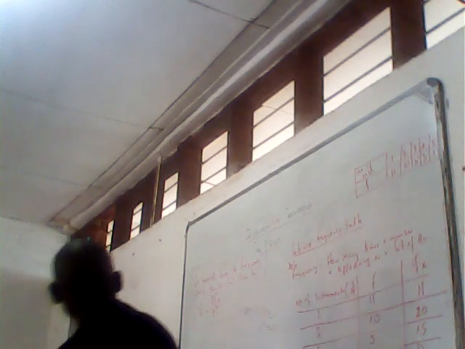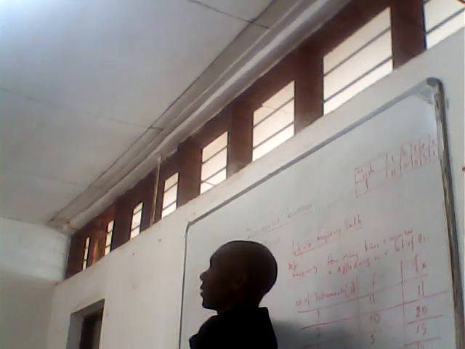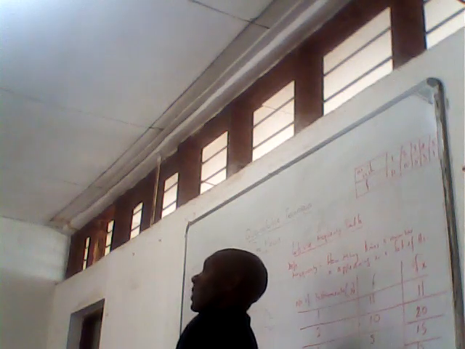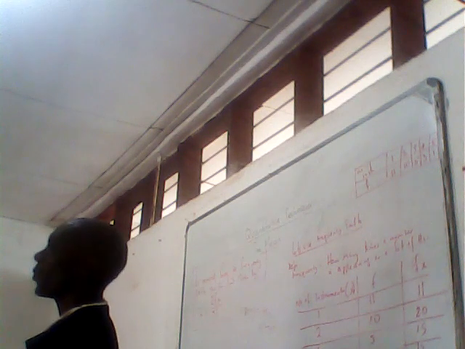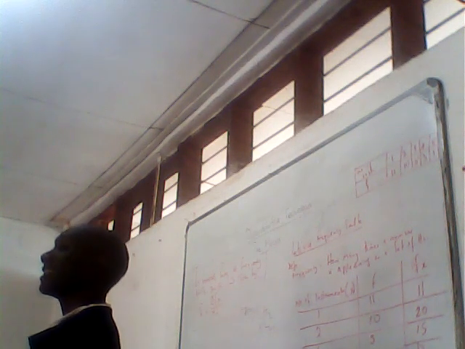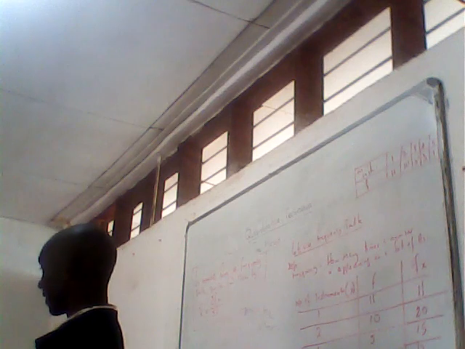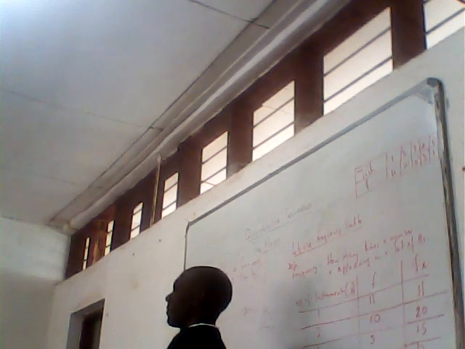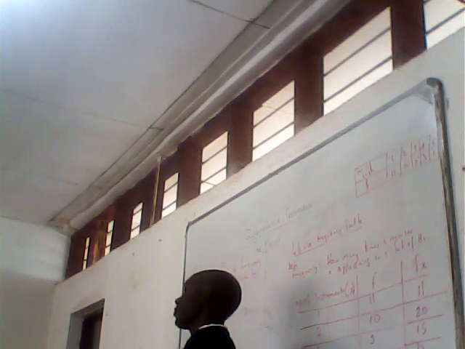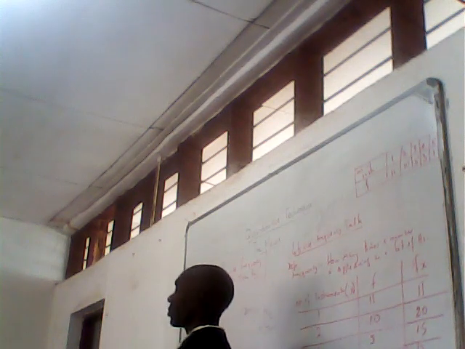So when the data have been grouped, assuming now that the data that was there wasn't grouped data. That was just ordinary data: 2, 1, 1, 1, 1, 1, 1, 1. In other words, that data is referred to as discrete, because they are just ordinary numbers.